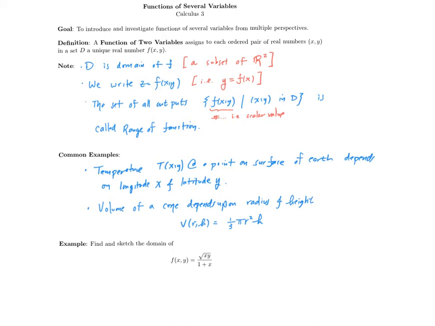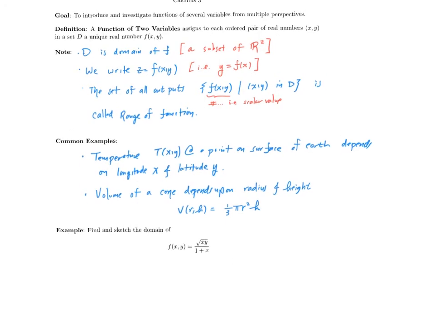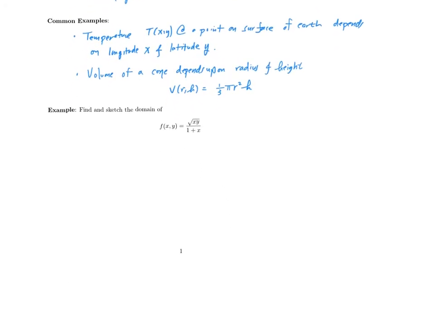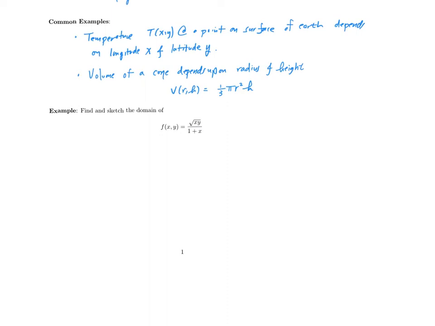A common question that we can be asked, much like we were asked back in pre-calculus and algebra when we first investigated functions, is to simply find, and in this case sketch, the domain of some given function of 2 variables. For this function of 2 variables, we plug in an ordered pair x comma y, and what we get out is an associated value. And in terms of the domain, which we would like to sketch, remember the domain for a function of two variables is going to be some subset of the xy plane.